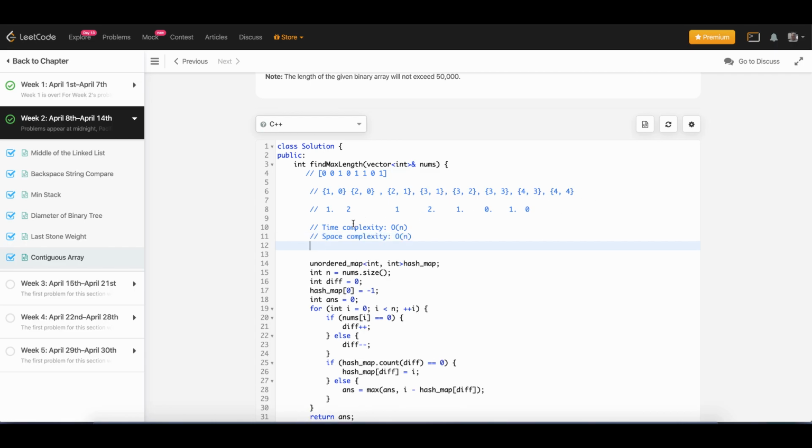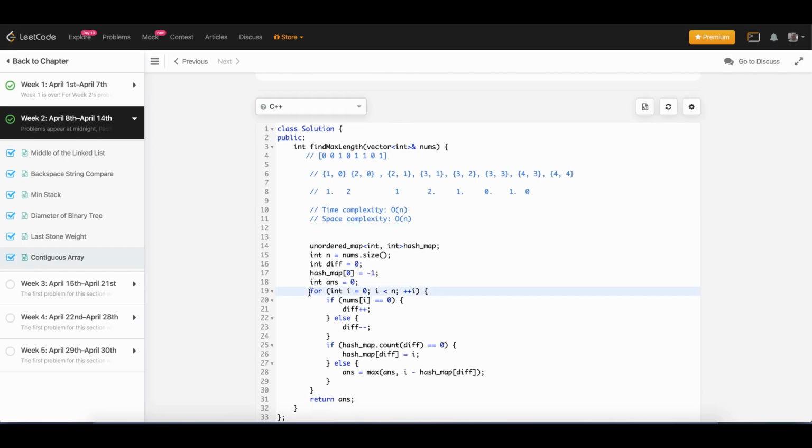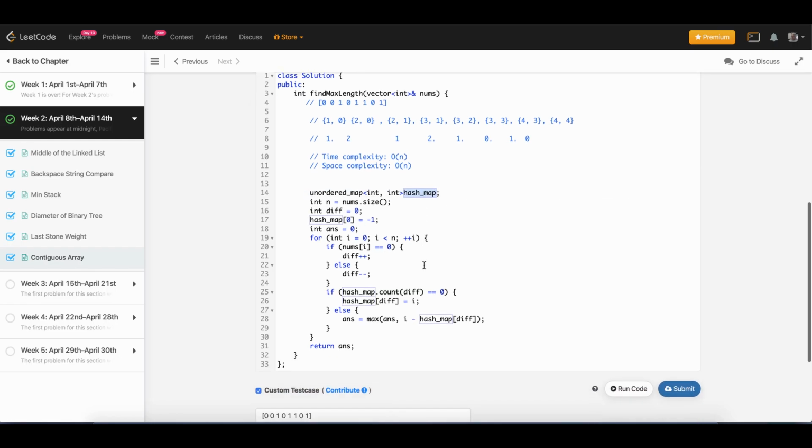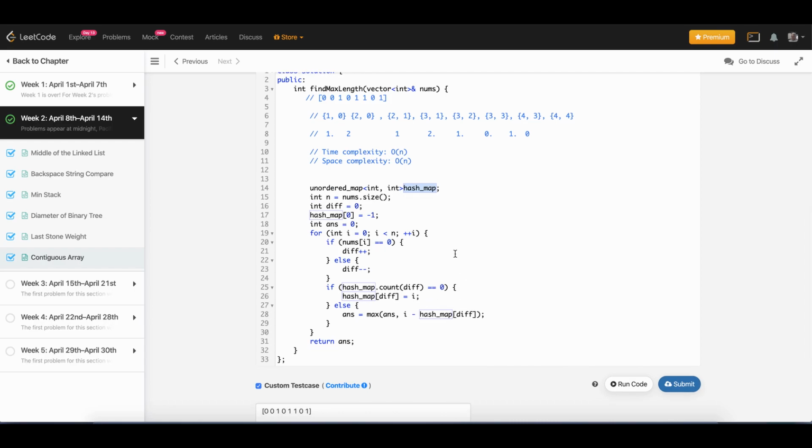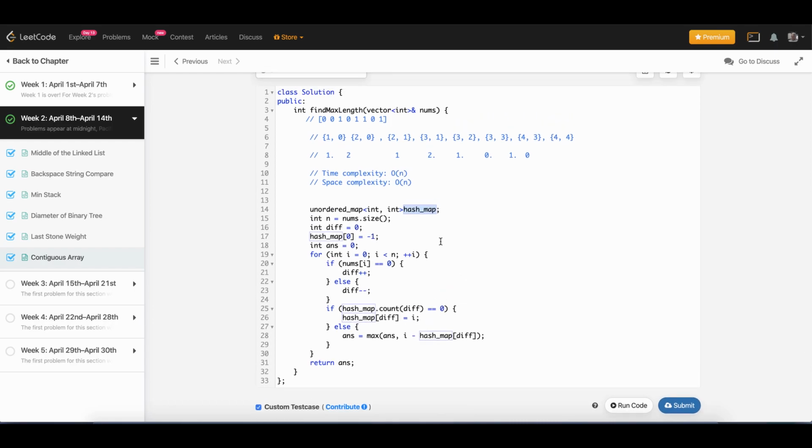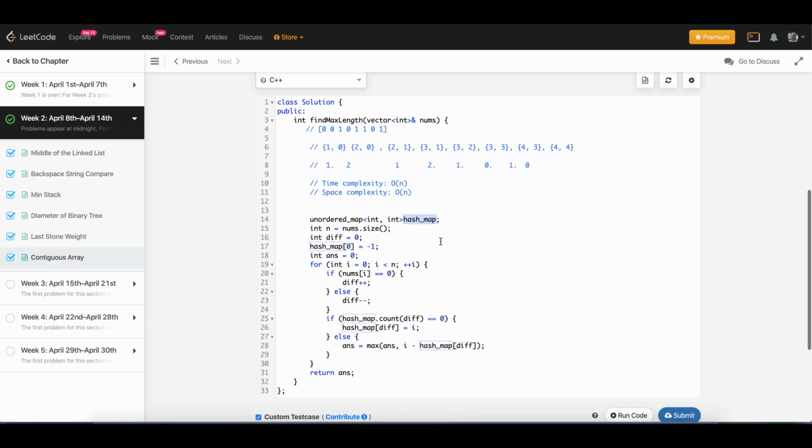The time complexity is because we are iterating over the array n times, and the space complexity is big O of n because of the hash map, which stores n values overall in the worst case.